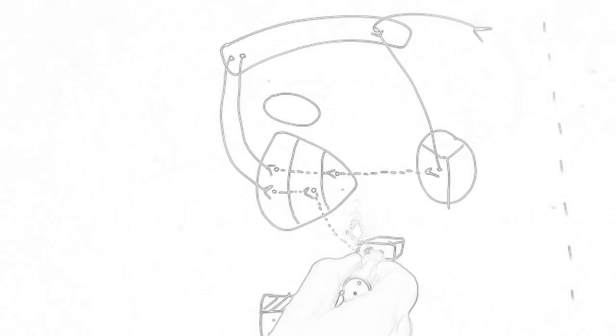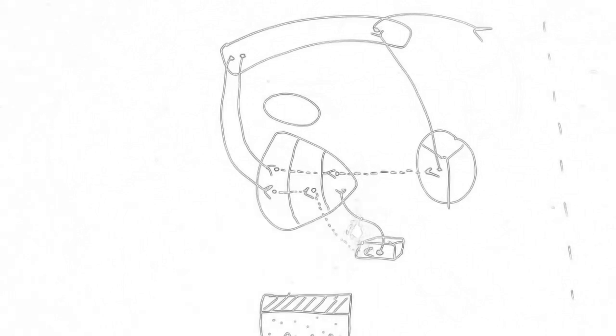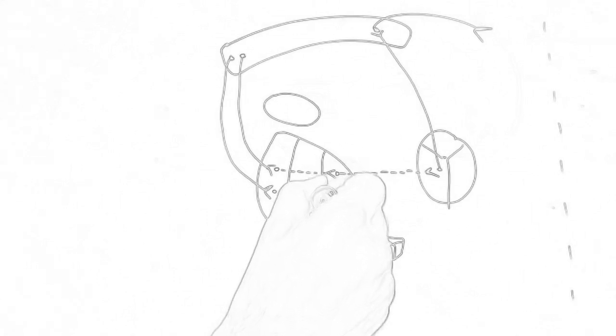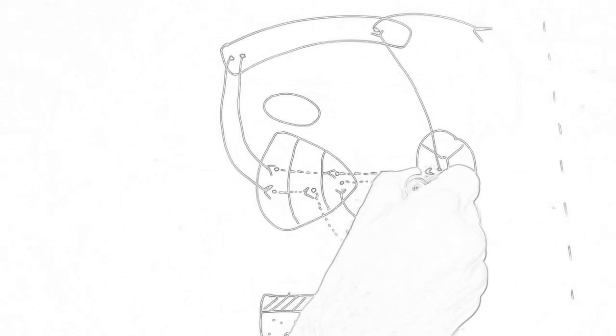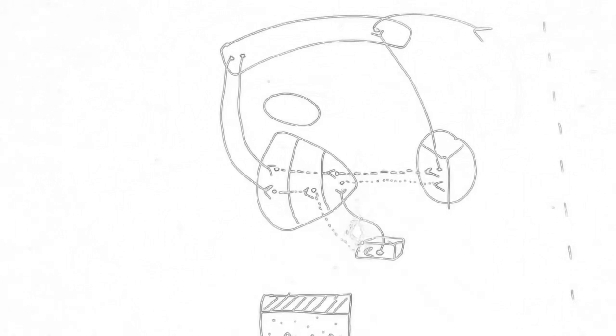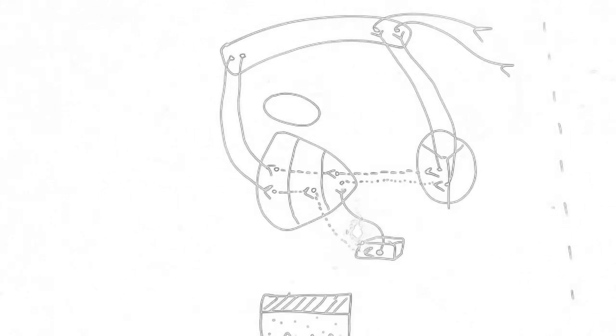From here an excitatory neuron comes back up to the internal part of the globus pallidus, and from here another inhibitory neuron goes to the thalamus, and from here it's the same as the direct pathway. Now because of this little detour, the function kind of changes.